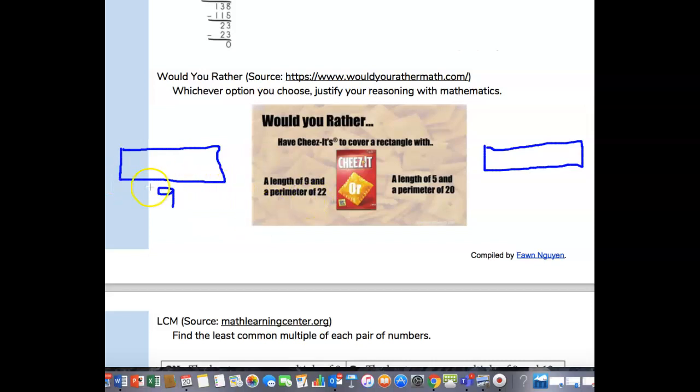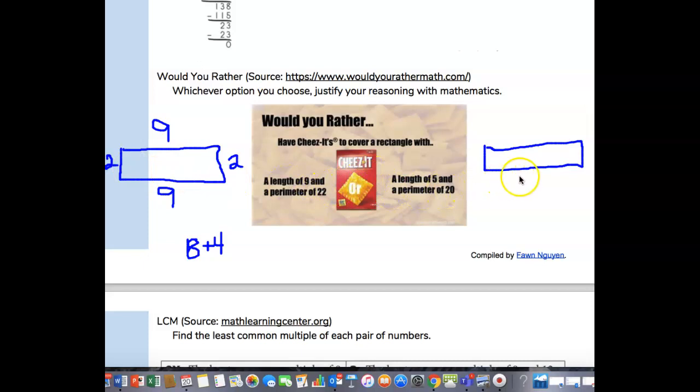So if this is 9, we know that this is 9, right? Okay, and then if this is 18, what would these two be in order to get to 22? So 18 plus 4 is 22. So we have to make these together 4. So this would be 2, and this would be 2.